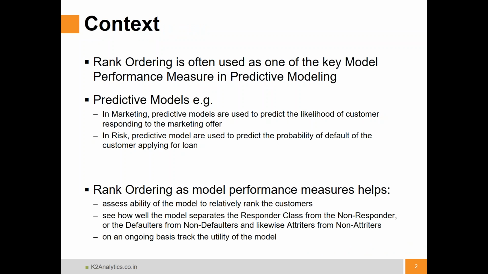I'll repeat, what are we trying to do using predictive modeling? Using predictive modeling, we are trying to predict the likelihood of an event occurring. If we are trying to do prediction for marketing, we are trying to predict who is going to respond and who is not going to respond.